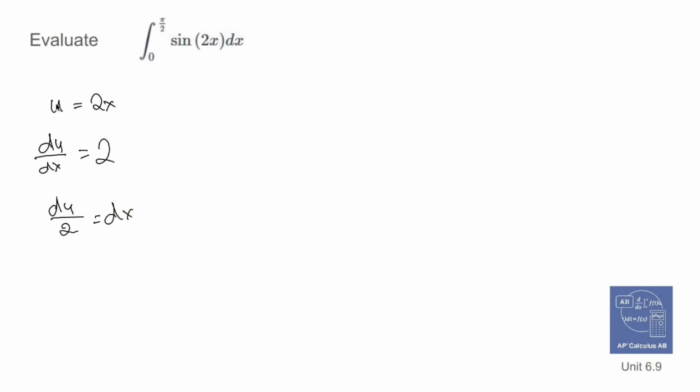Now we could put some stuff together and do some integrating with respect to u. So 0, pi over 2, okay? Sine is still sine, but now it's of u. Dx now becomes du over 2, right? What I can do is I can rip out a half.